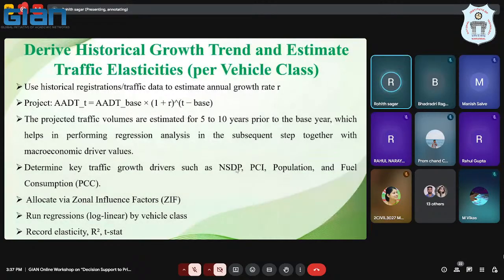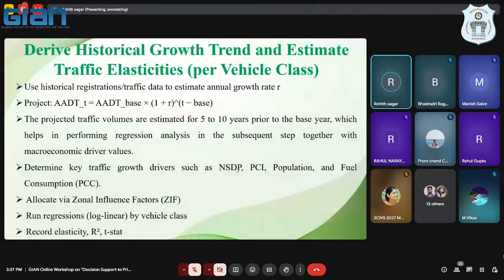So from that we will segregate the percentage of vehicles that is coming from every zone, so that we will have the percentage of vehicles coming from different zones. So we will multiply that with the NSDP data. So we will get the weighted NSDP data of different zones.